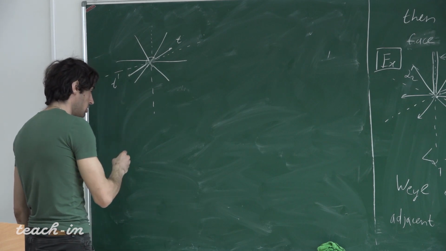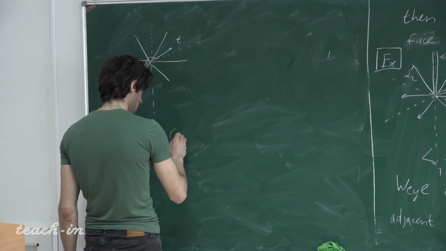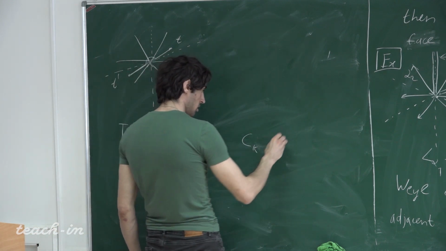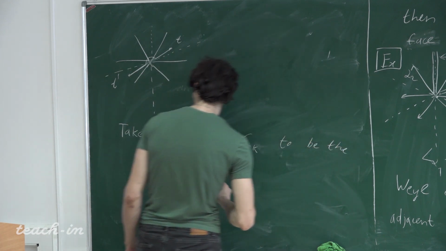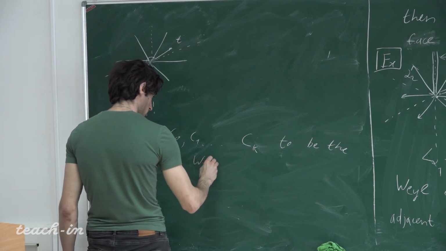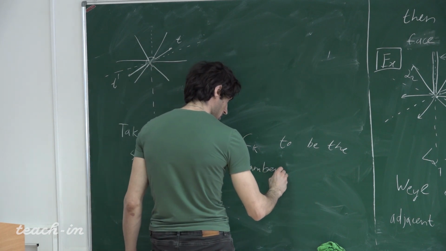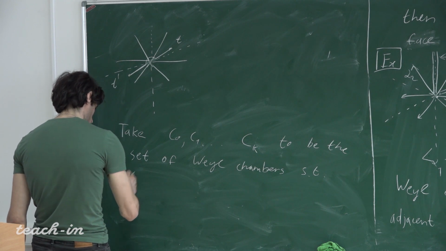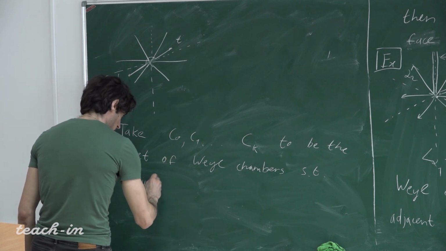So therefore, take C0, C1, and so on, Ck to be the set of Weyl chambers such that gamma intersects them in the corresponding order.